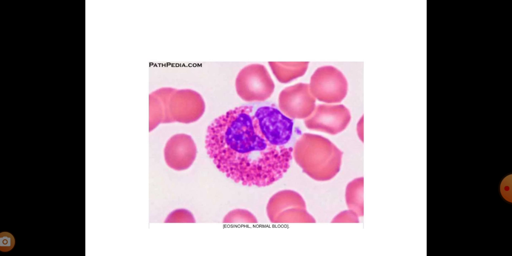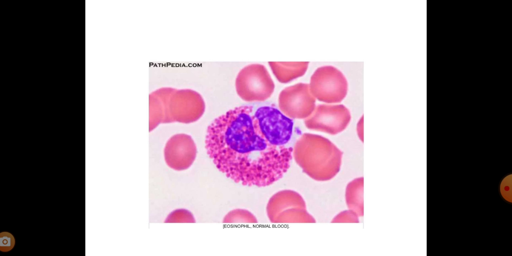This is another WBC. Hope you all know what WBC this is. This is an eosinophil. You can see a spectacle shaped nucleus, that is bilobed nucleus with fine red to brownish granules in the cytoplasm, because this is a cell which likes acid.